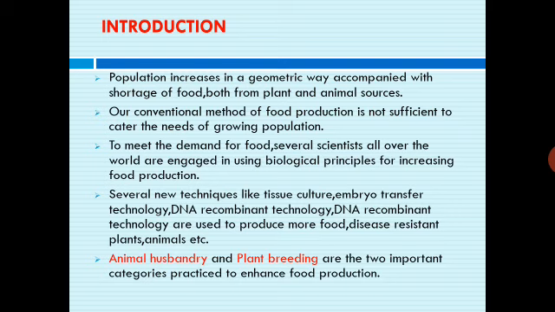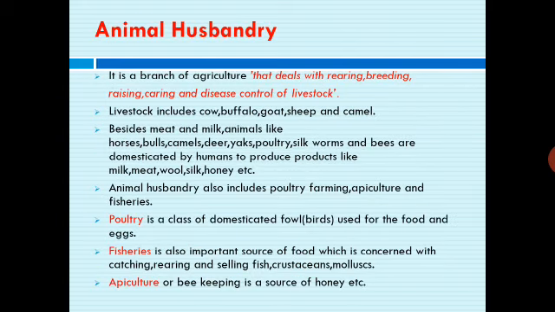Animal husbandry is the agricultural practice of breeding and raising livestock. It is a branch of agriculture that deals with rearing, breeding, raising, caring and disease control of livestock.